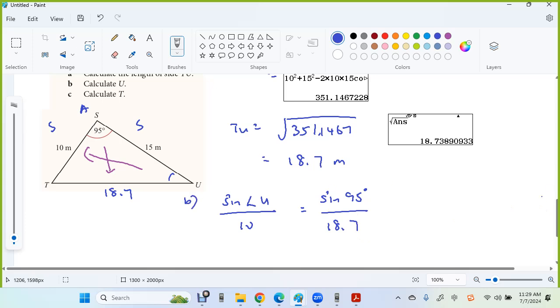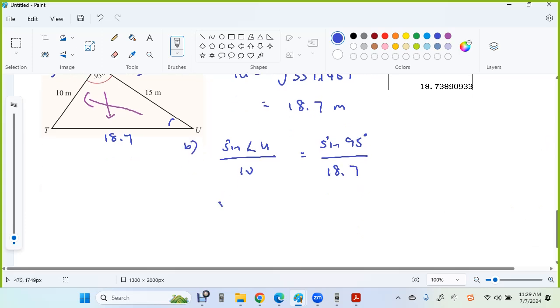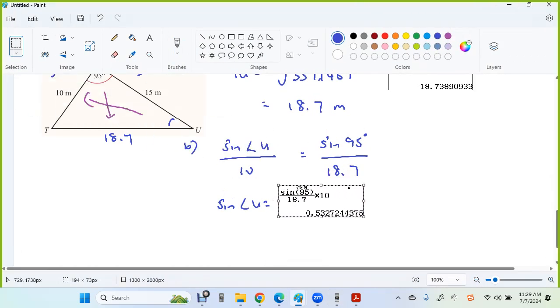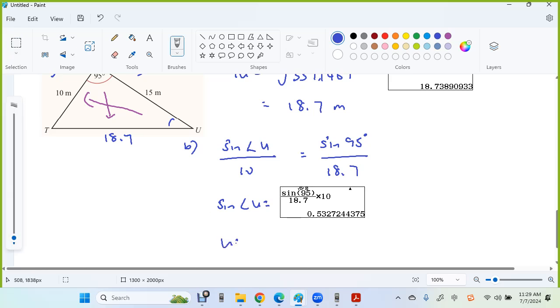Then sin U will be sin 95 over 18.7 times 10. So U will be the arcsine of this.